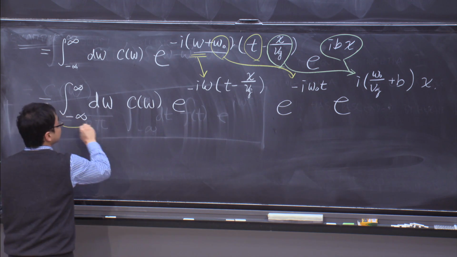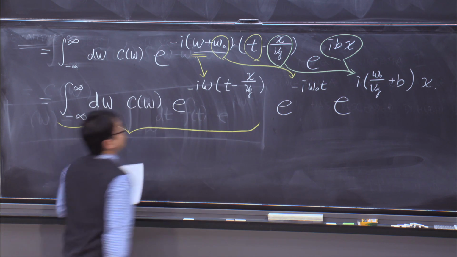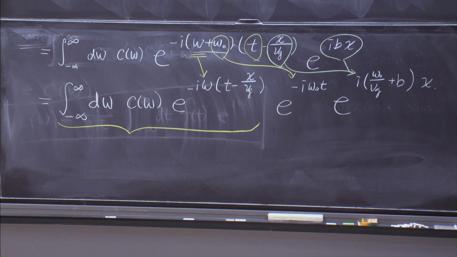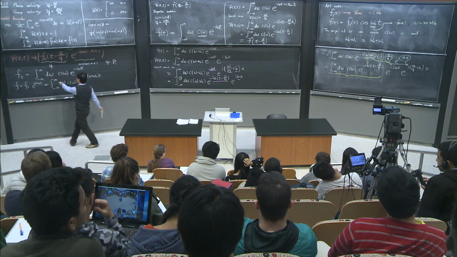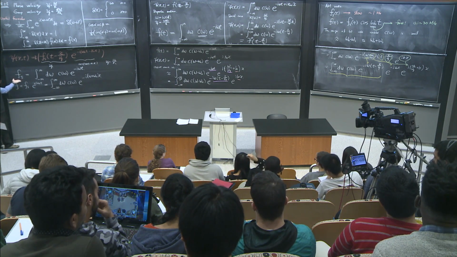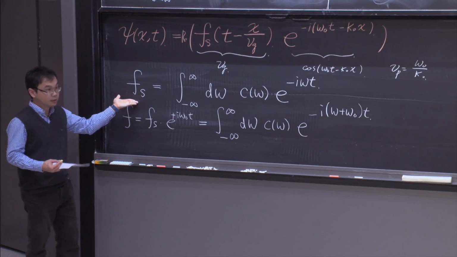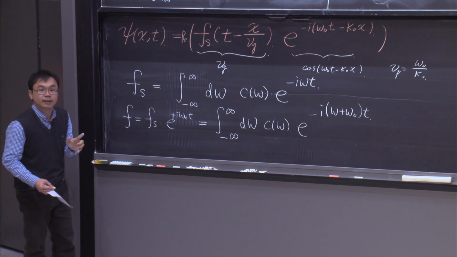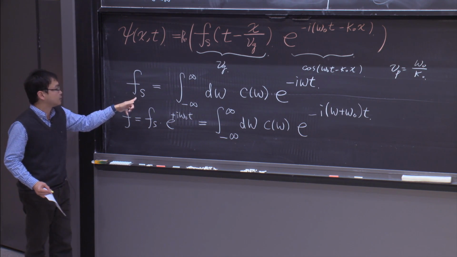And if you focus on this part, okay, what is this? If you compare that to the original equation, which I have here, if you compare that to the original Fs equation here, you can immediately identify that actually that's a function of Fs.